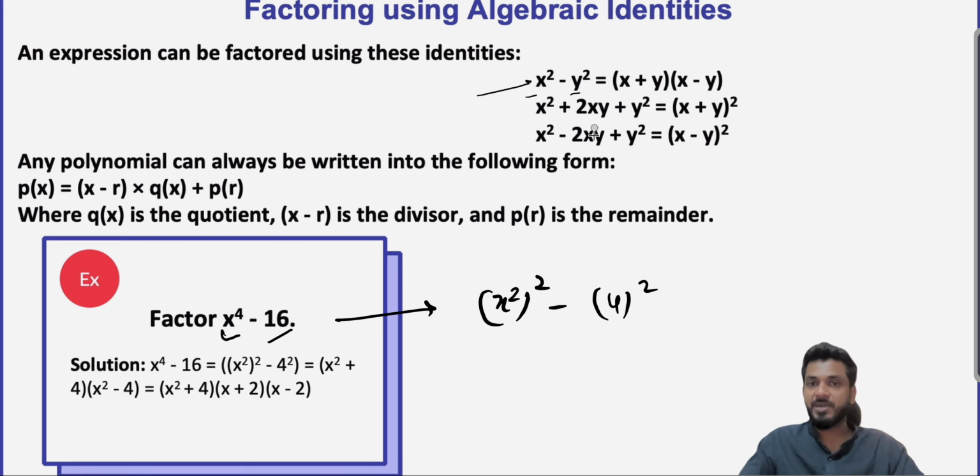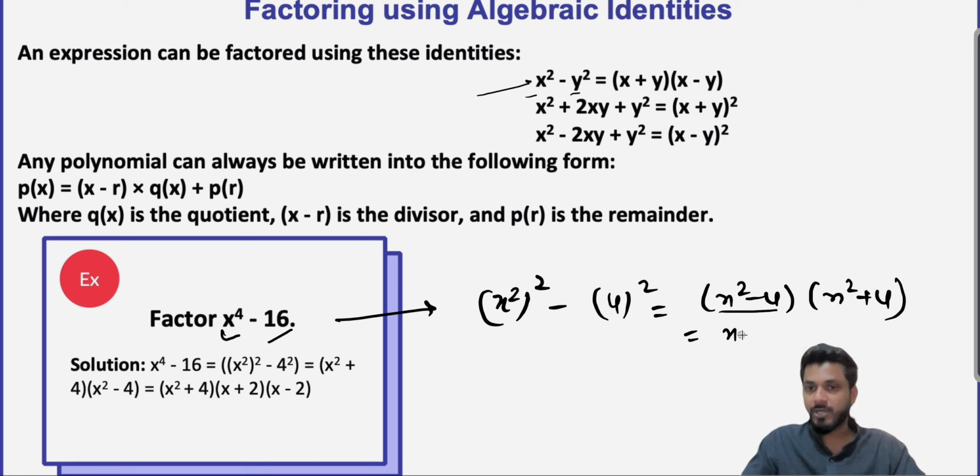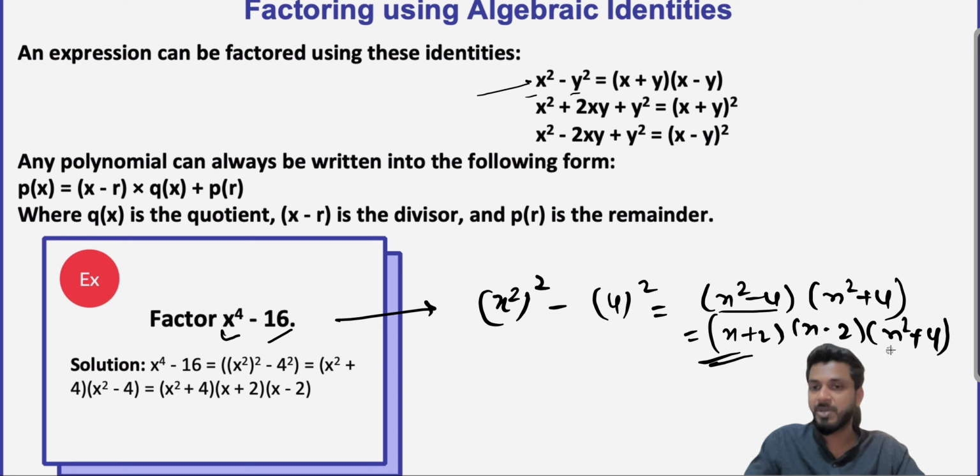Now considering x square minus y square, we can write this as x square minus 4 into x square plus 4. Similarly, we can further factorize x square minus 4 as x plus 2 into x minus 2, into x square plus 4. This will be the final factorized version, because x square plus 4 we cannot factorize further. So this is the factorized version of x to the exponent 4 minus 16.